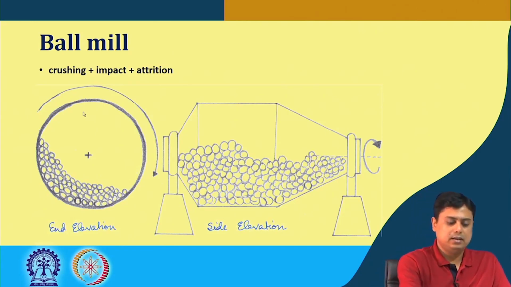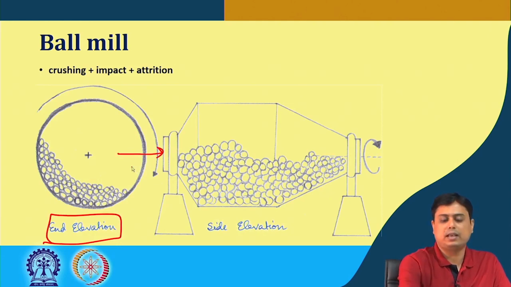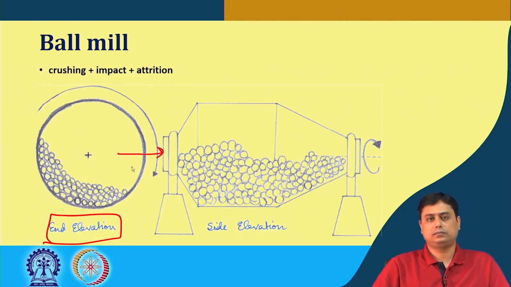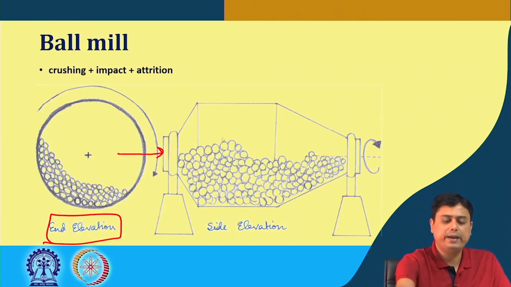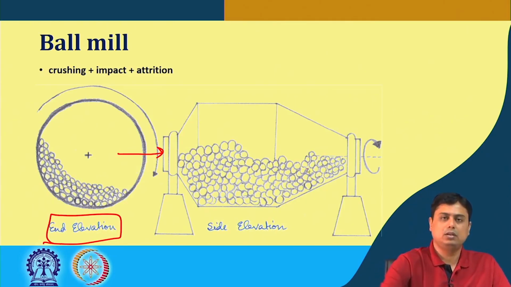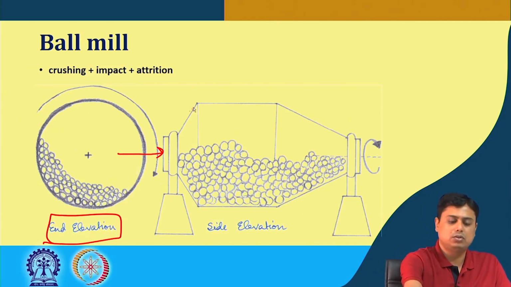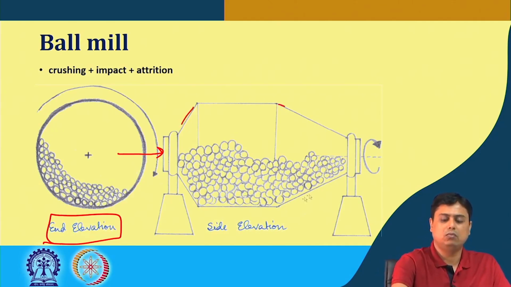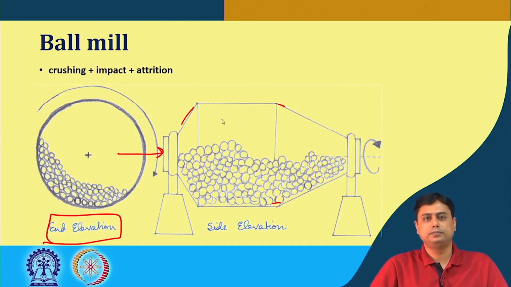Here is the end elevation, that is, if we look at it from this side, and this is a side view, a cutaway view of a three-dimensional ball mill. It basically consists of a cylindrical portion and conical portions attached: one conical section, another conical section, and a cylindrical section in between.